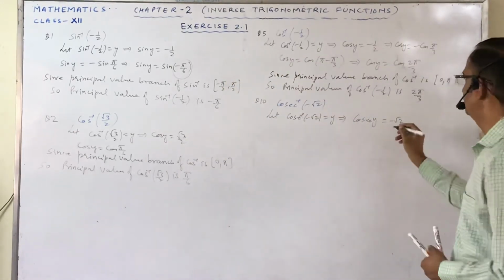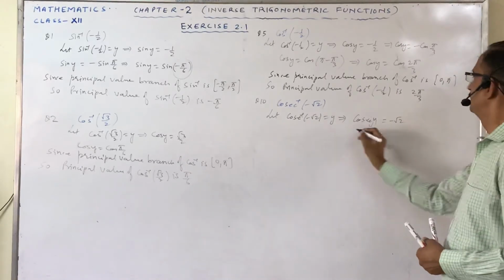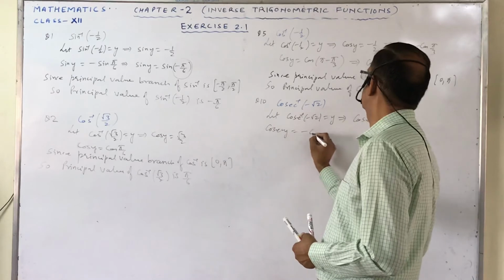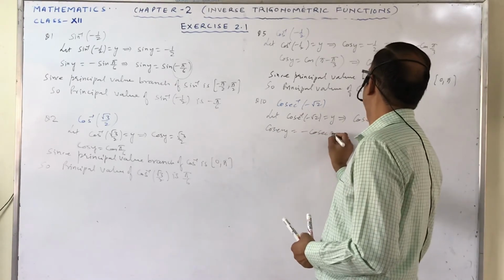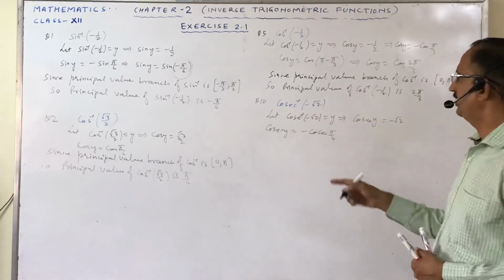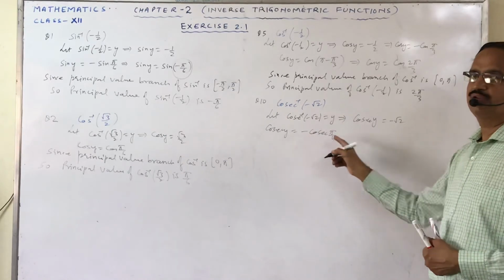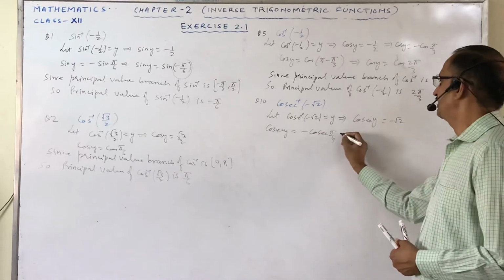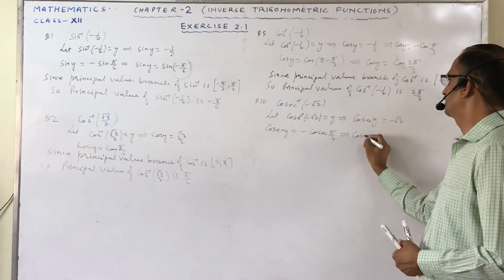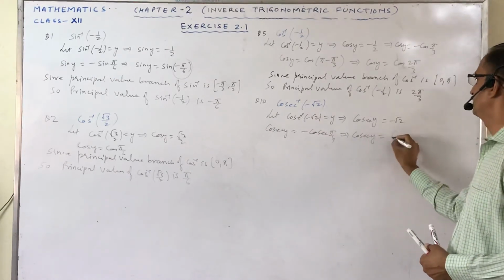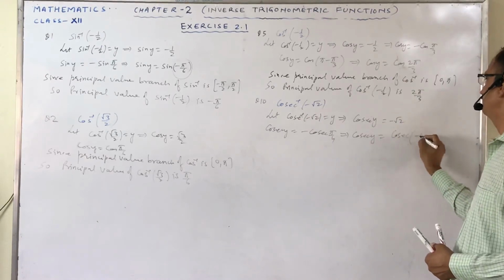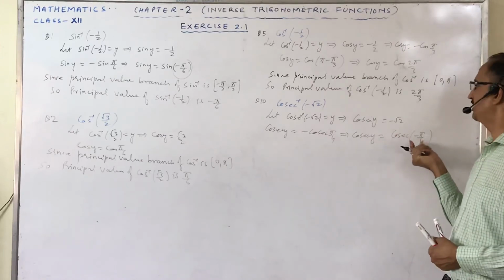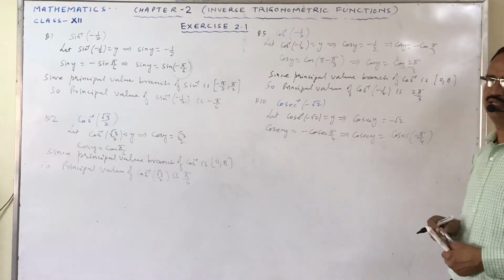So we can write this as cosec y equals minus cosec pi by 4, and minus cosec theta means cosec of minus theta. So we can write this as cosec y equals cosec of minus pi by 4. So cosec of minus theta is minus cosec theta.